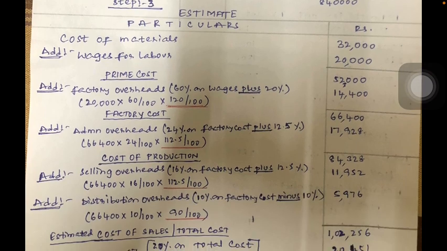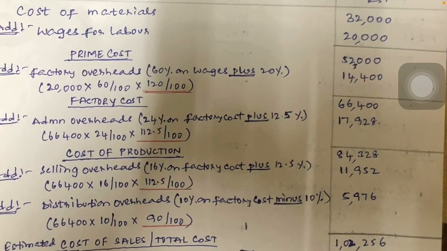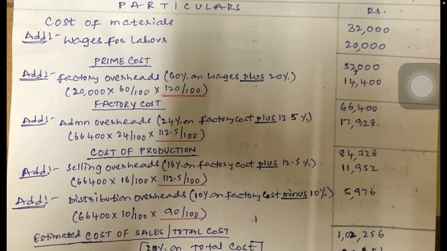Add administrative overheads, which is 24% on factory cost plus 12.5%. So 66,400 is factory cost into 24 by 100 into 112.5, because it is increasing by 12.5%. We will get the latest value 17,928. We will now get cost of production.